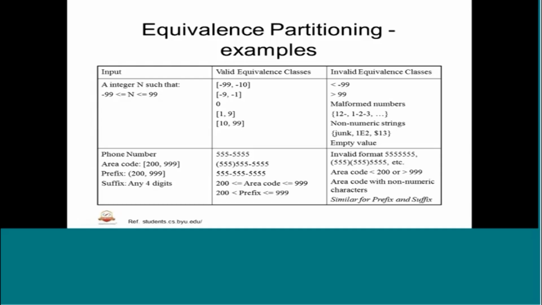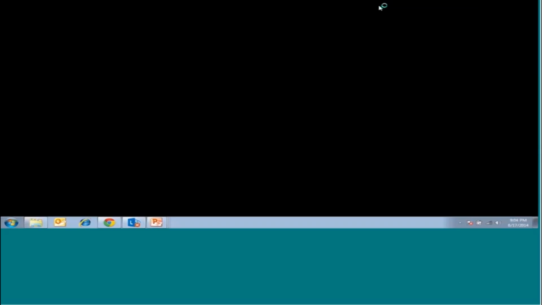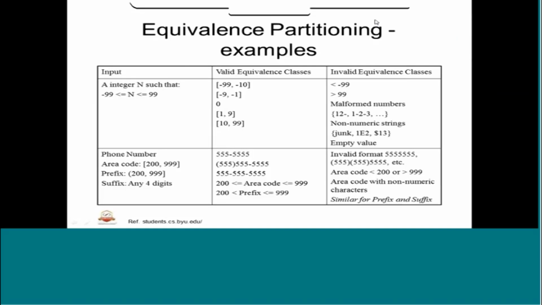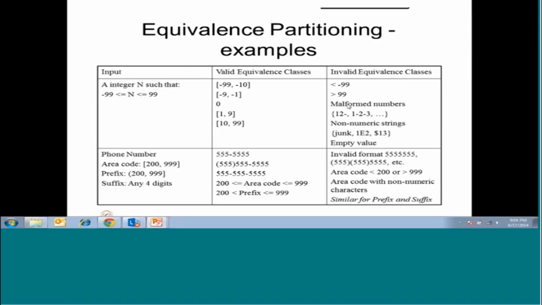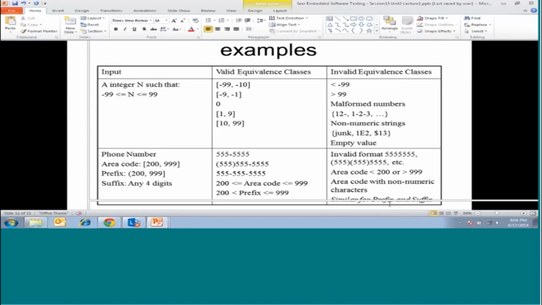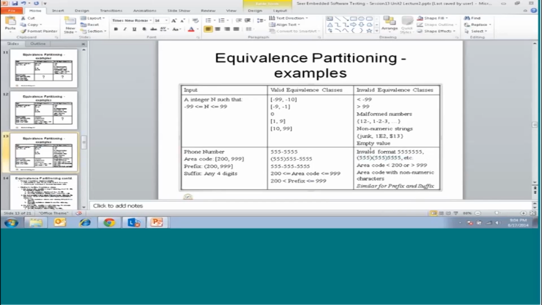Similarly, it could be greater than 999. Then the other invalid class: the format itself is one invalid class, so the entire group itself is one invalid class.